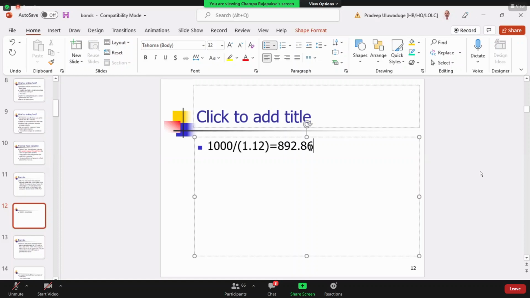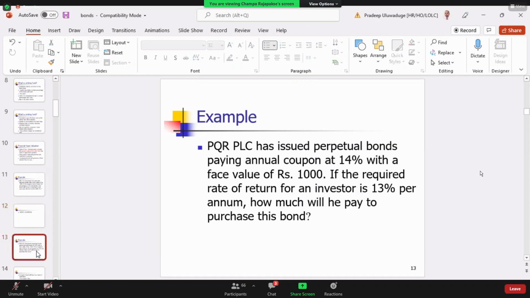Now, say the bond is offered to you at 897. Are you prepared to pay 897 for this bond? No. So this is the maximum value you should agree to invest in that bond, because it is the value of the bond.